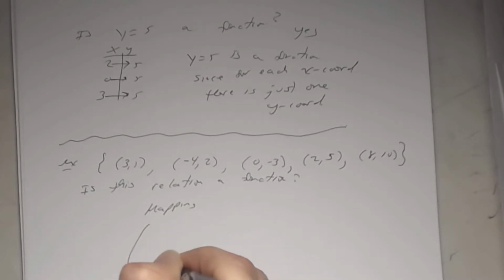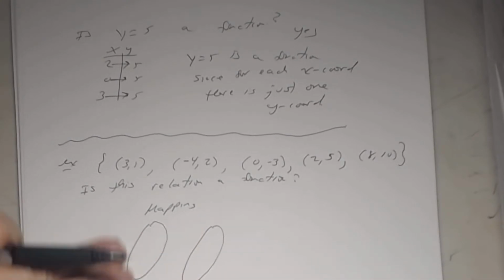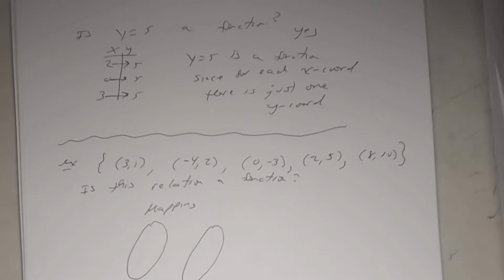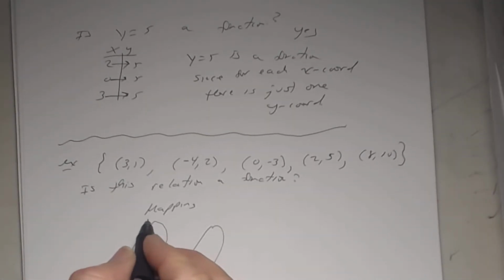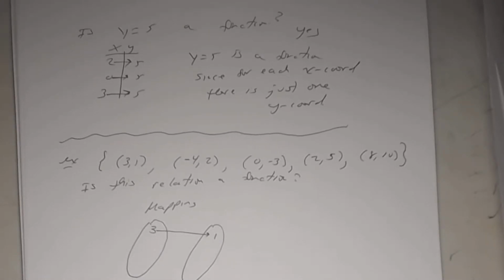Basically, this first oval would be your x, and the second would be your y. So what's the first x coordinate that you see? 3. It gets mapped to 1. As we do this, notice the arrows. In order for it to be a function, there's got to be just one arrow coming from that x.